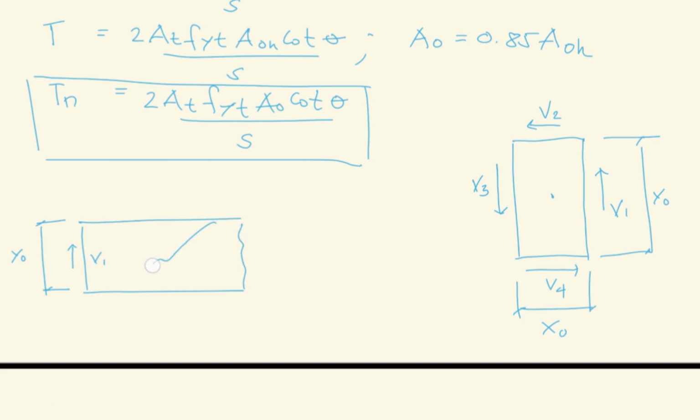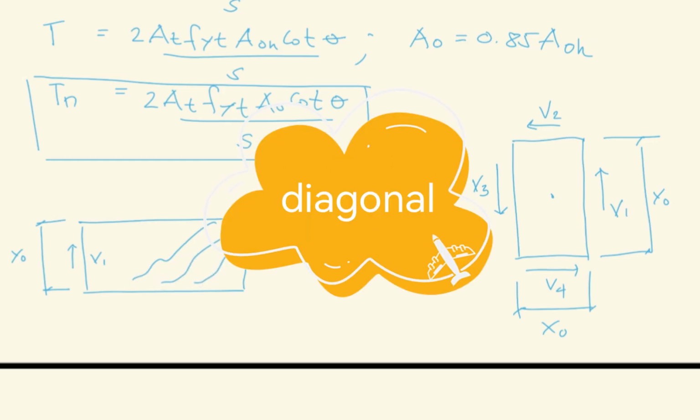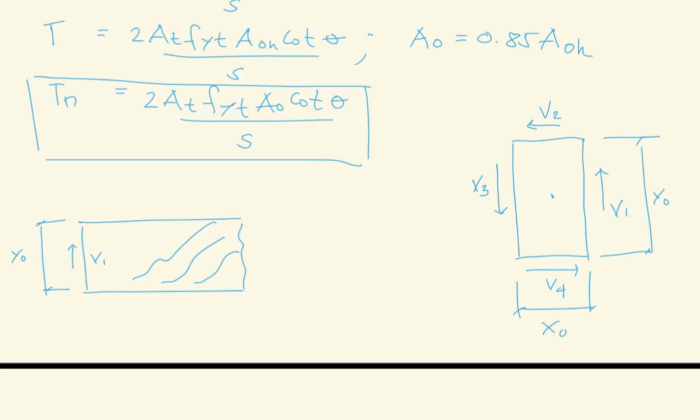Because of the inclined cracks due to torsion, there will be horizontal axial forces induced in the longitudinal reinforcement. Say this is N1 over 2, N1 over 2.